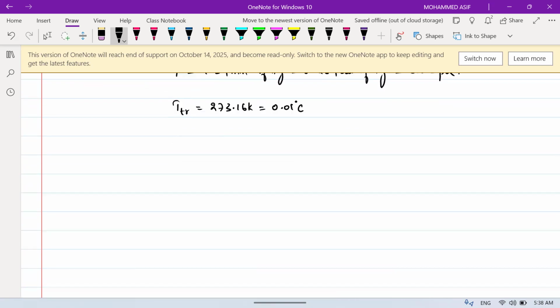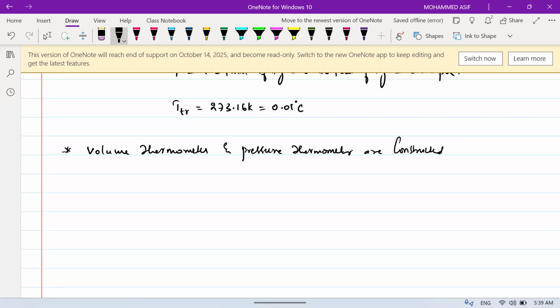See here, if I'm talking about volume thermometer and pressure thermometer, they are constructed on the basis of this triple point of water.